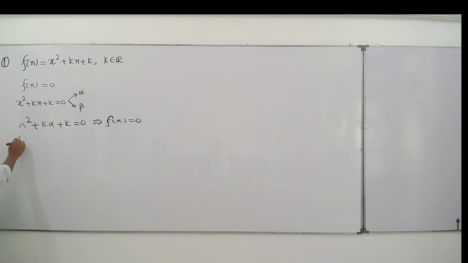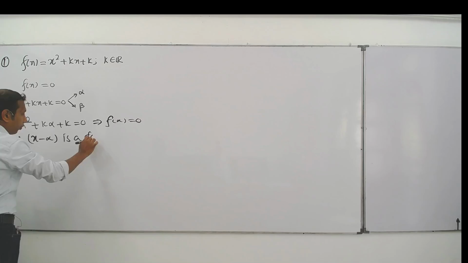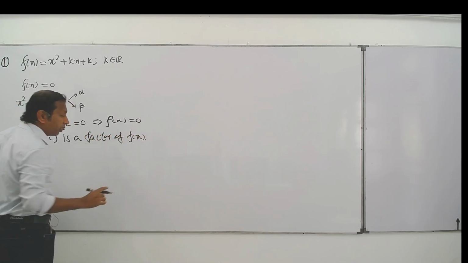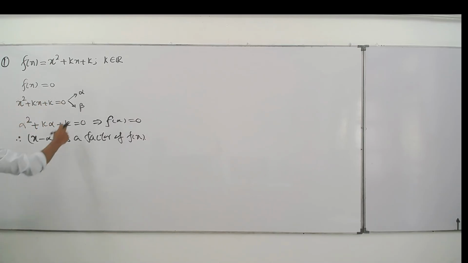f(alpha) equals 0 means x minus alpha should be a factor of f(x). Therefore, x minus alpha is a factor of f(x). Similarly, we can put beta here. Beta is a root, so beta squared plus k beta plus k equals 0.